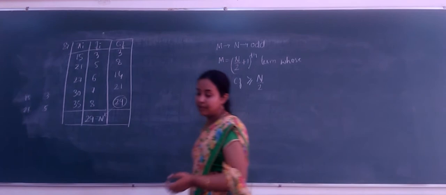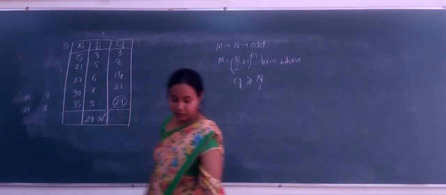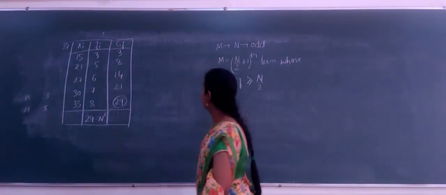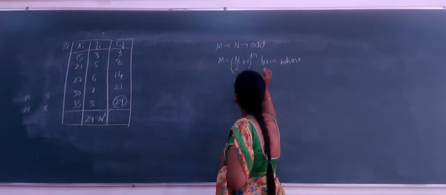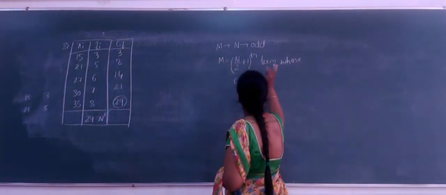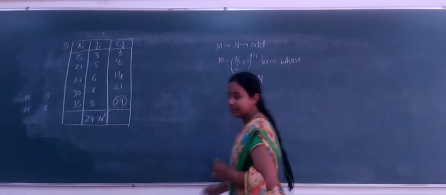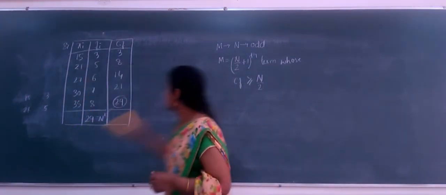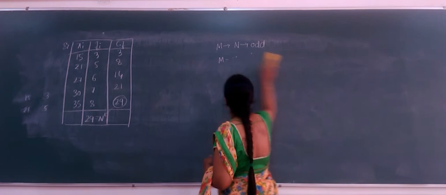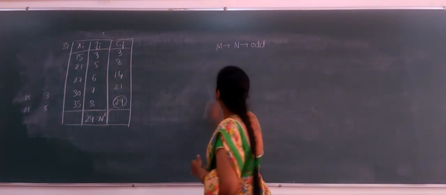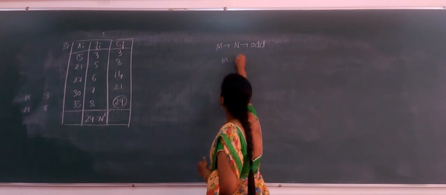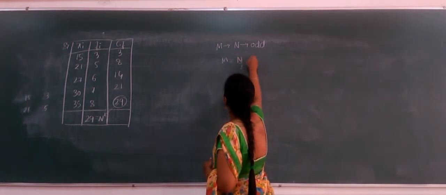Now our n by 2 is 29 by 2. Or you can just see here, instead of that, these all get confused. First let us calculate: median is equal to the n by 2 plus 1th term.